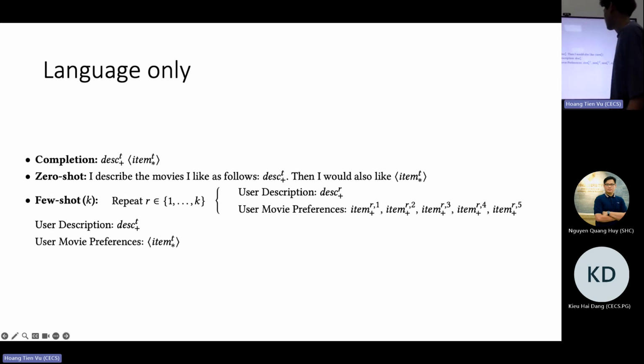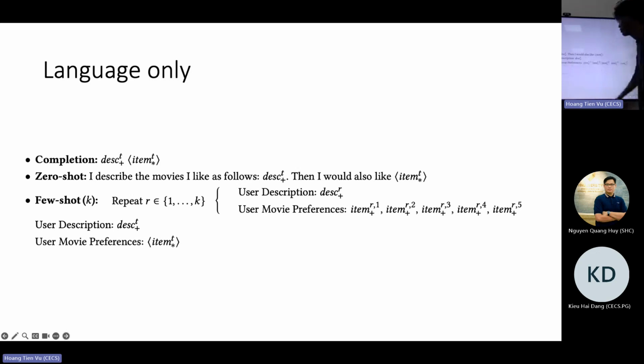In the item-only setting, we provide a description about the kind of movie a user likes, and after that we predict in the same way.